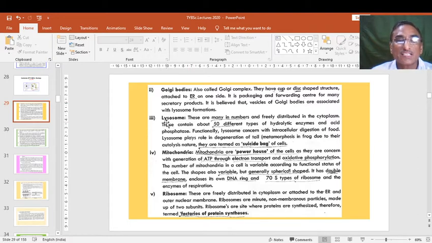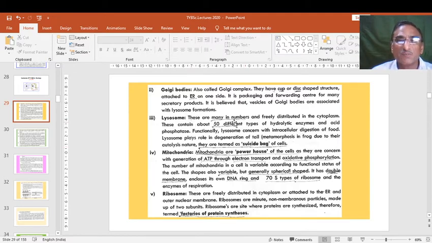So these are the lysosomes. Golgi bodies are the secretory product forming cells, and lysosomes are also called suicide bags. Here is the word suicide bag because they throw their secretion directly on the food material inside the cell.